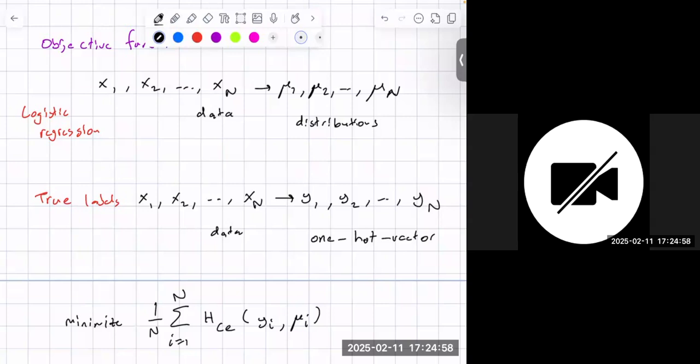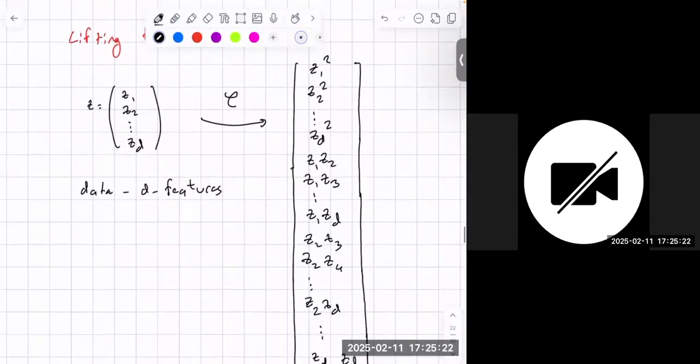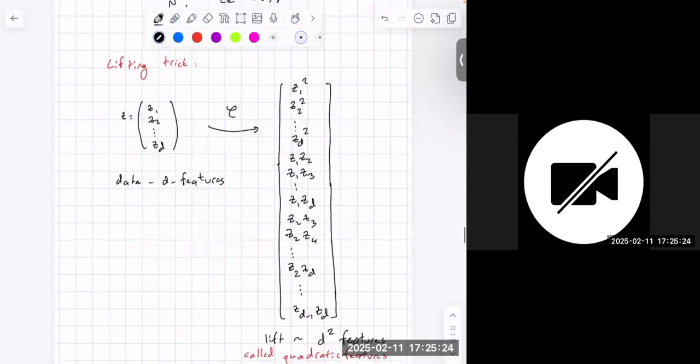So far, everything is based on linear plus softmax plus categorical. That's how logistic regression works. Now you can do a dirty trick and make it much stronger. So what is that dirty trick? It is called polynomial feature expansion, or the lifting trick.